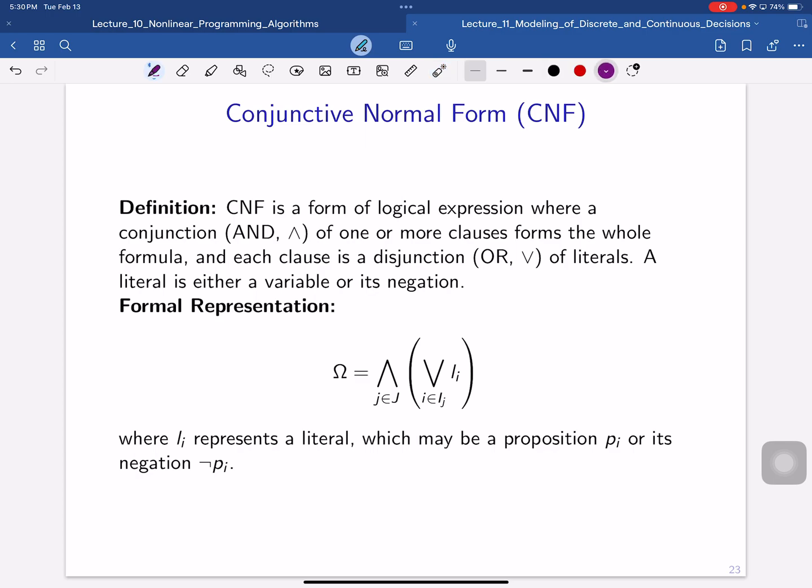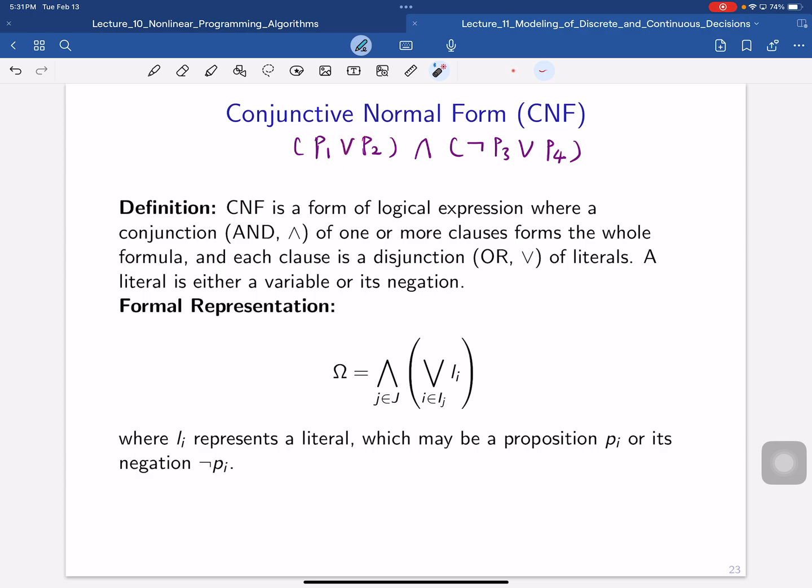Okay, so let me give a simple example of what a CNF is. If you have P1 or P2, and negation of P3 or P4, it is a conjunctive normal form. Why is it that way? Because the AND operator is outside the parenthesis, and within the parenthesis you only have the OR operator.